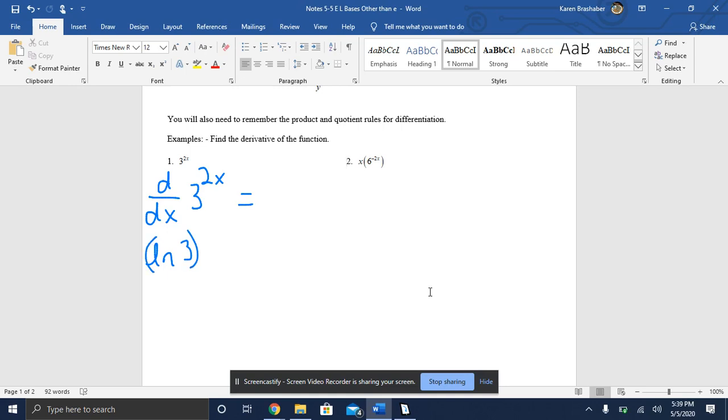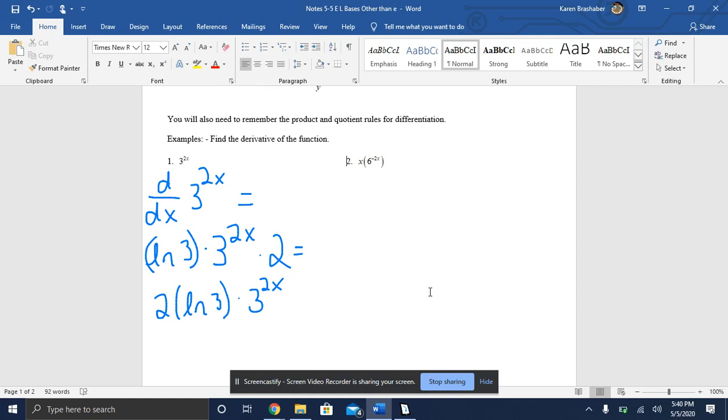So natural log of 3 times the exponential 3 to the 2x times the derivative of the exponent 2x, and so the derivative is 2. And then just to simplify that a little bit, just rearranging things, we could put the 2 in front of the natural log of 3 and then times 3 to the 2x. You might also see that written as 9 to the x power because you could go ahead and square the 3.